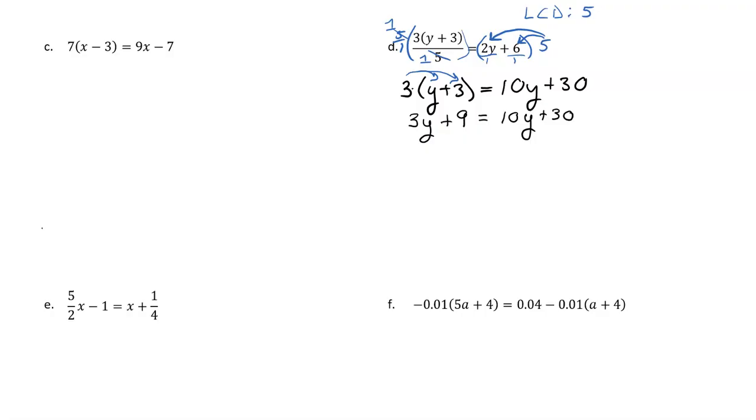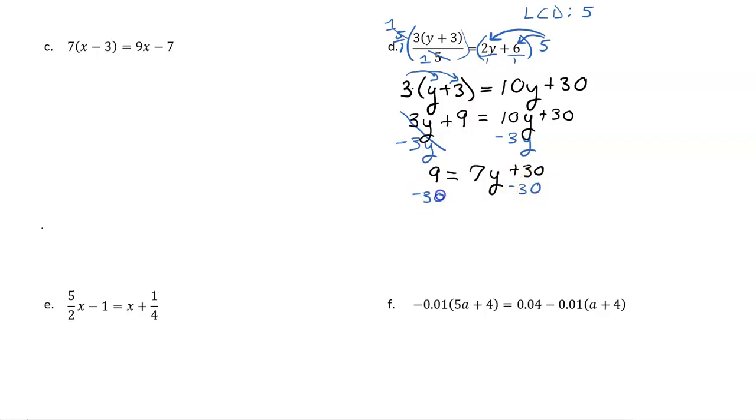In this case, I'm going to put my variables on the right-hand side just to kind of mix it up a little bit. So I'm going to subtract 3y from both sides. That cancels the y value on the left, leaving behind a 9. We have 10y minus 3y, so that leaves 7y plus the 30, and then let's subtract the 30.